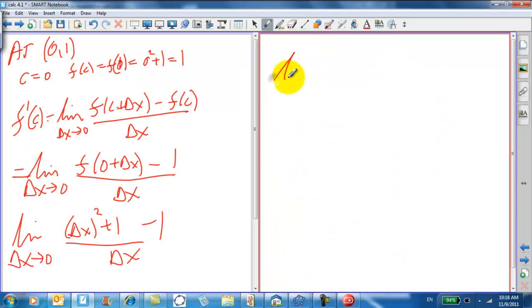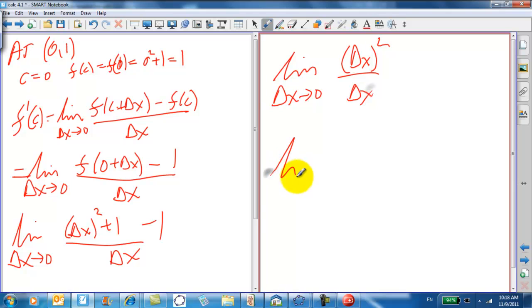So this is the limit as delta x goes to 0. The 1's cancel, and we get delta x squared all over delta x, which is the limit as delta x goes to 0 of delta x. Now you can plug and chug, and you get 0. If we'd done it any other time, we would have gotten 0 over 0.